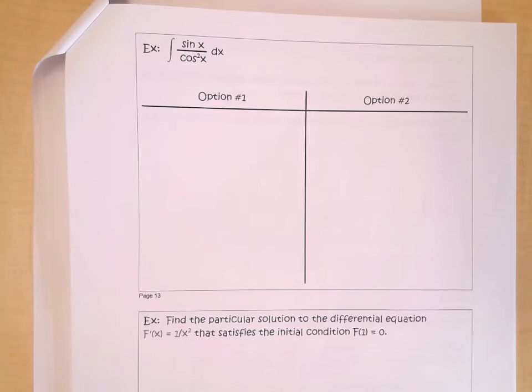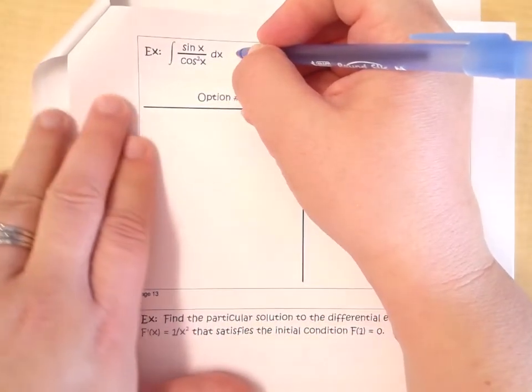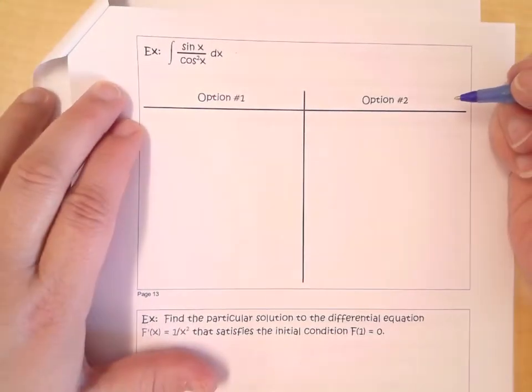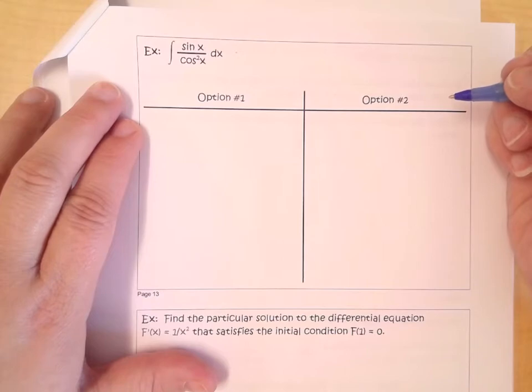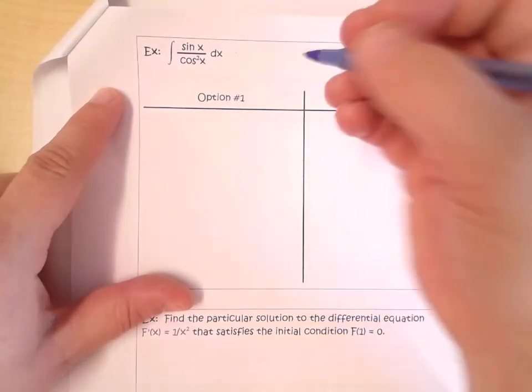I'm trying to remember back in the day when I wrote option 1 and option 2 as to what I was looking for. I don't know. I should have just left it blank.